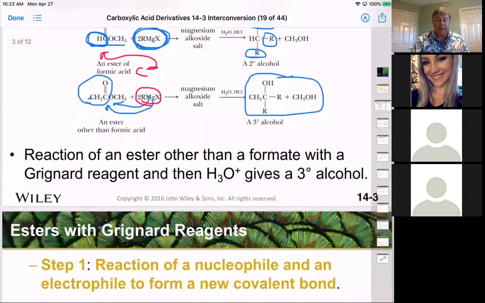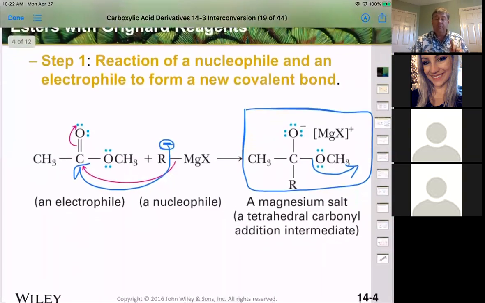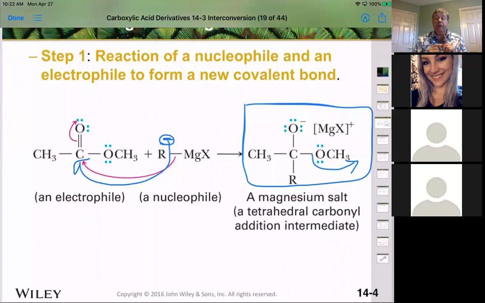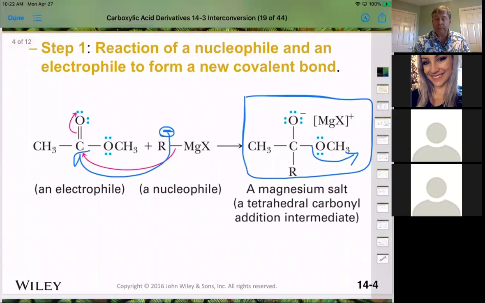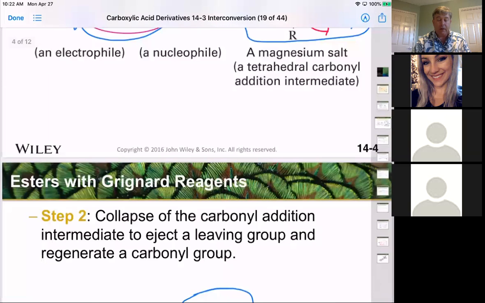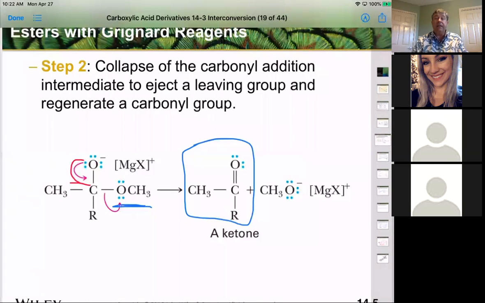So if we look at the mechanism here, the first step is to generate this intermediate. When these electrons right here kick in and kick this out, that regains a carbonyl compound, and now we have a ketone, and that ketone will react again. So we have 2 equivalents of that Grignard reaction.